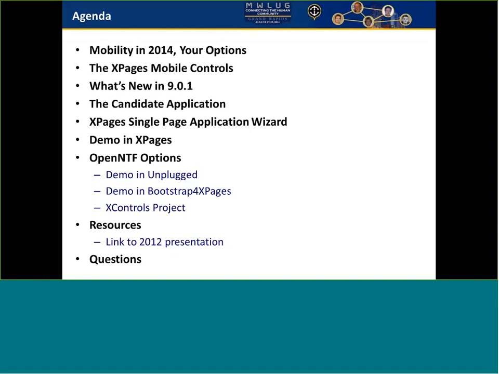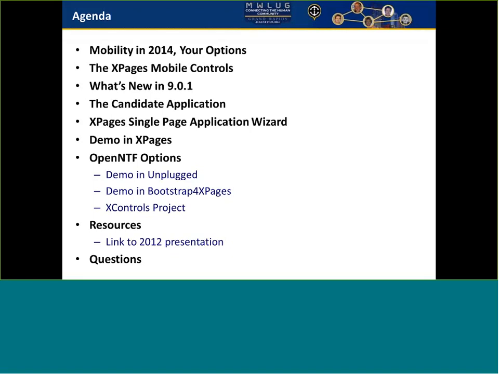We'll try again. So we'll actually do a demo of the single-page application wizard, and I'll explain why this is important. This presentation was a reboot of a presentation that Jalpresh Taylor and I did in 2012 at MWLUG in Pittsburgh, where we showed the mobile controls as they were in the Extension Library released for the first time.